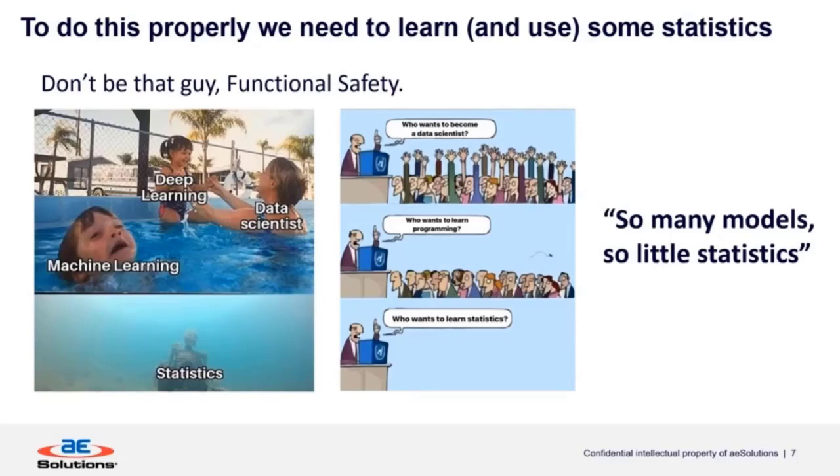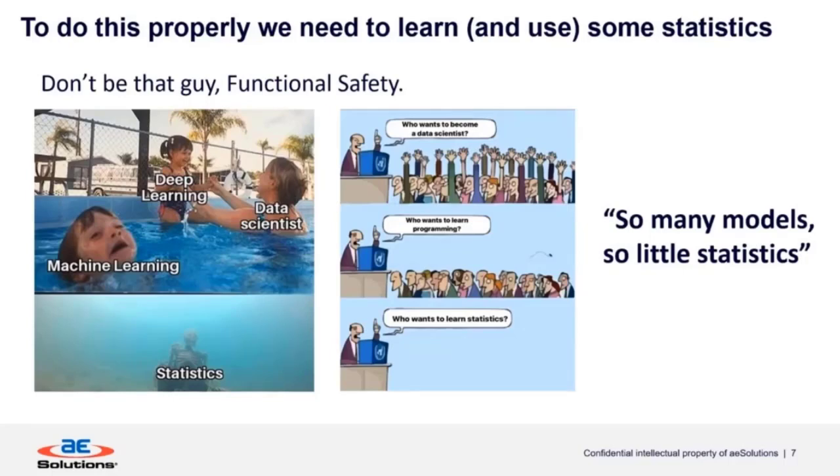And this is what we've done for decades now in functional safety, and now it's being propagated in LOPA. The same concept is, at some point we're going to have to say enough is enough, and we're going to have to really engage and get better at having some ability and capabilities in statistics to help us validate and confirm the data we're plugging into all of our models to assess risk.